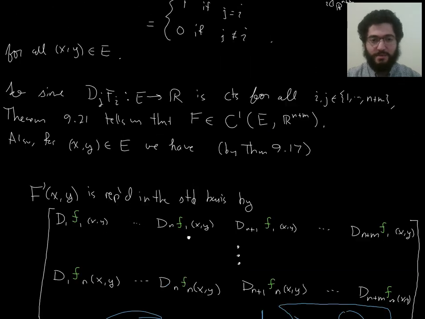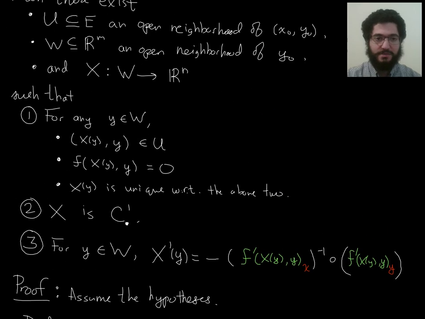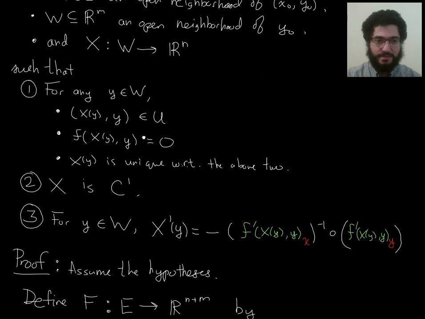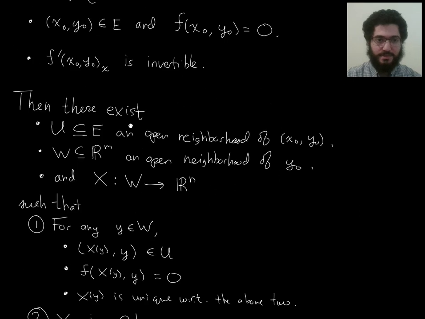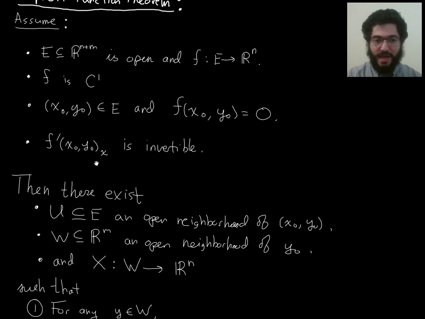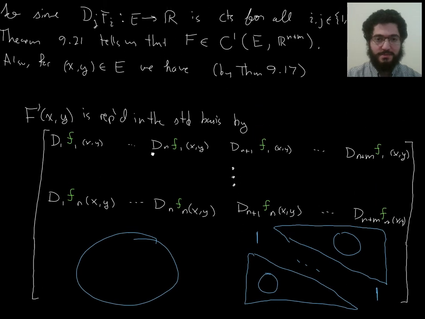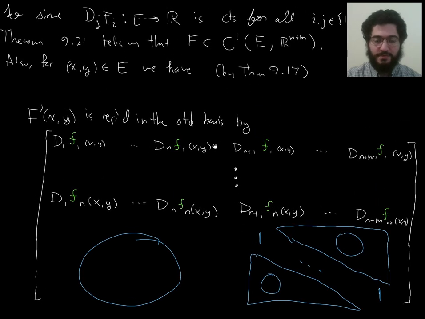Remember our assumption very early on was about the derivative of little f, and then take the first component sort of that. Down here in this matrix, you can see the derivative of little f showing up.